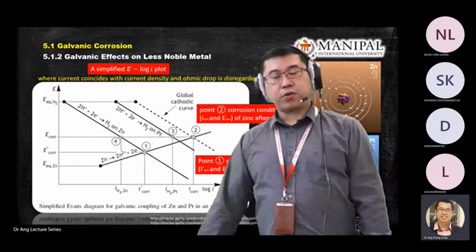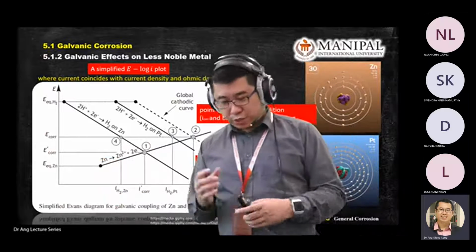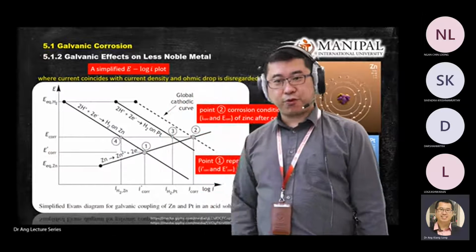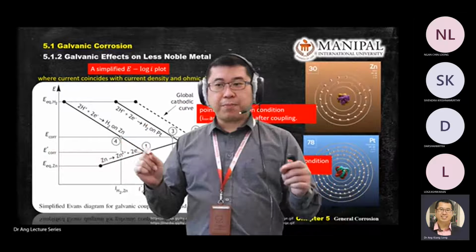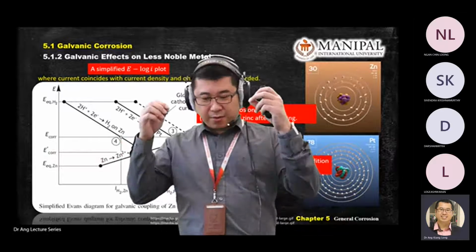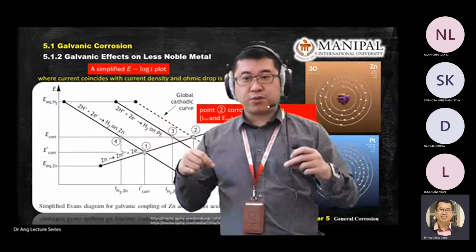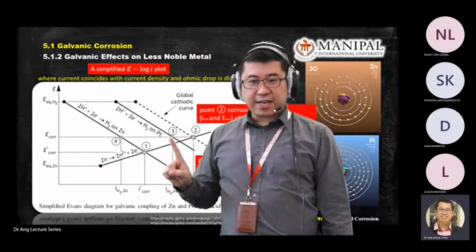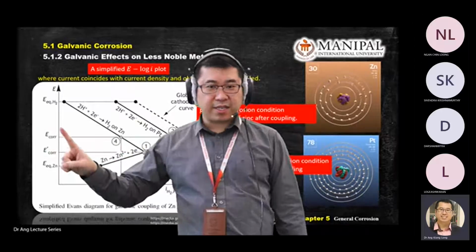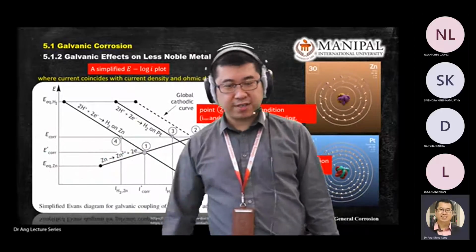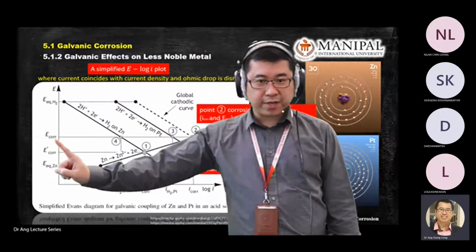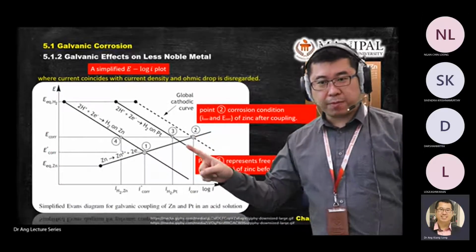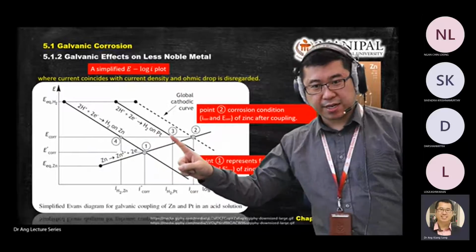If the question states that there's a reading of, let's say, 12 volts when the two metals are joined together, or when the voltmeter was used to measure the galvanic potential, then the line you extend to here will read 12 volts. Point number two should be higher than this line.